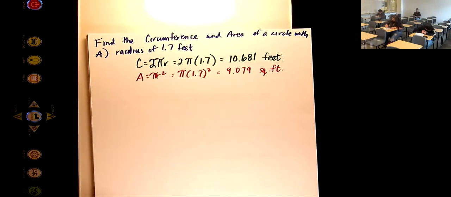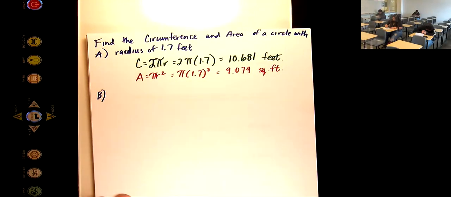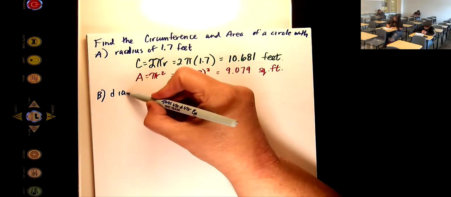All right, for number B, I say, because I know how numbers work. Number B, we're gonna have a diameter of 4.2 meters.